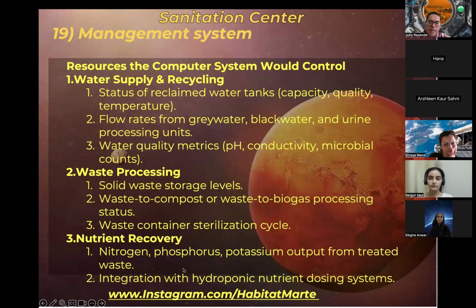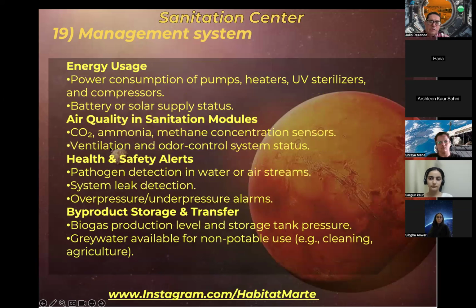For example, a great quantity of salt would be collected from the urine of astronauts, and also other elements like nitrogen, phosphorus, and potassium.